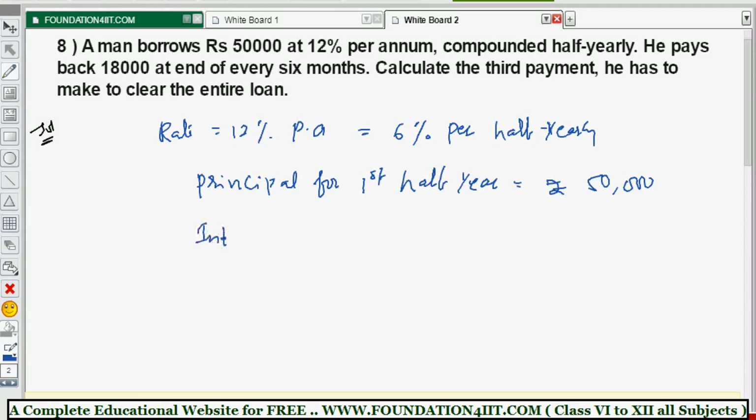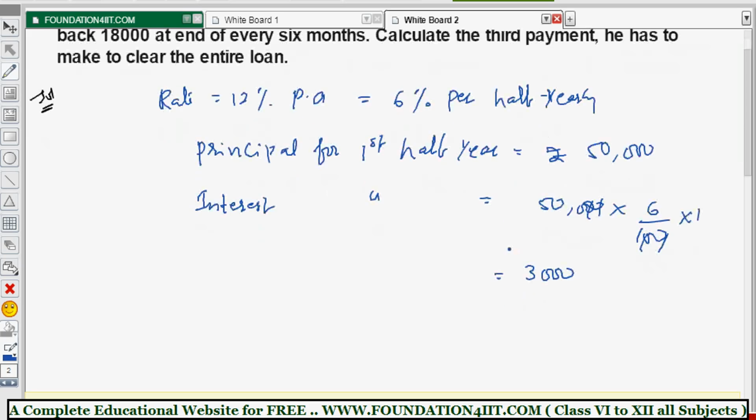Similarly, you can take interest for the first half year on 50,000. You have to pay 6% for half year. So 6 by 100 into 1. We just keep 1, because that is how many times it repeats. And 2 zeros cancel. 500 into 6, 3,000.